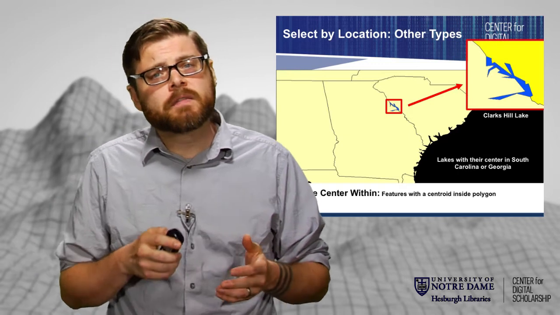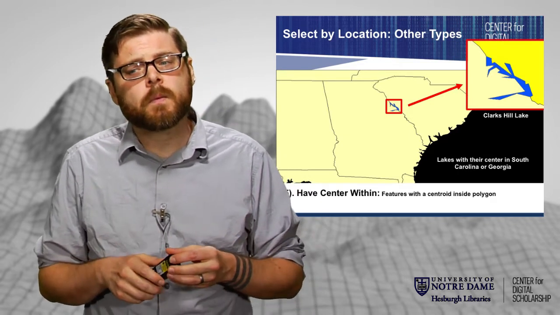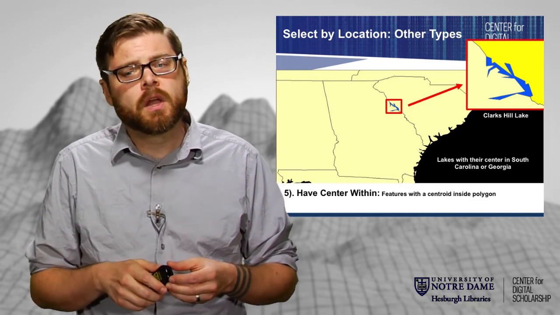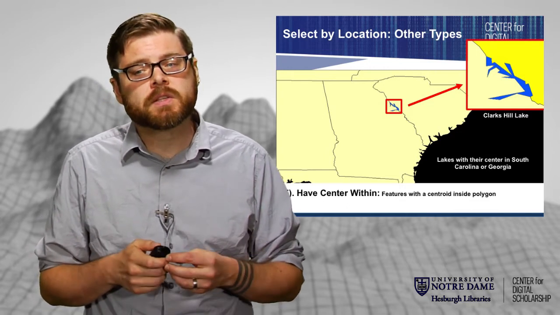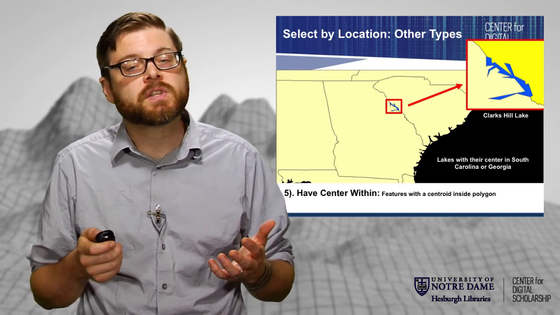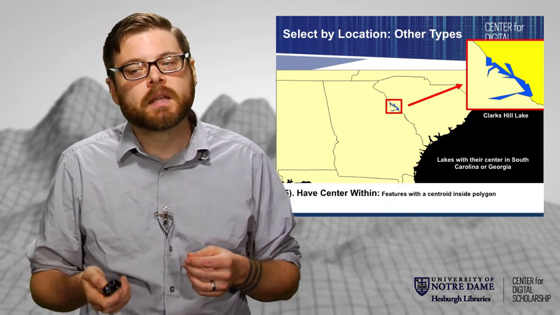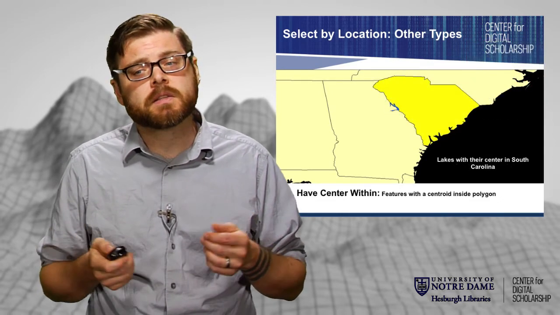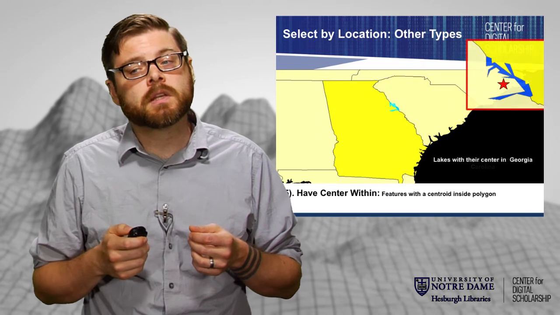Now there are some other kind of complex ones in here as well. We can do things like query, between different polygon layers, where the center point of something is. So in this case, if I wanted to query what lakes have their center point within either South Carolina or Georgia, I can look at Clark's Hill Lake here. If I do this for South Carolina, it's not selected. But if I do it for Georgia, it is.